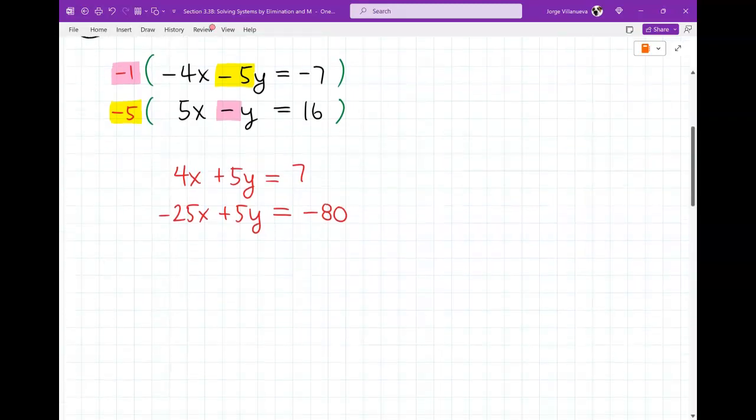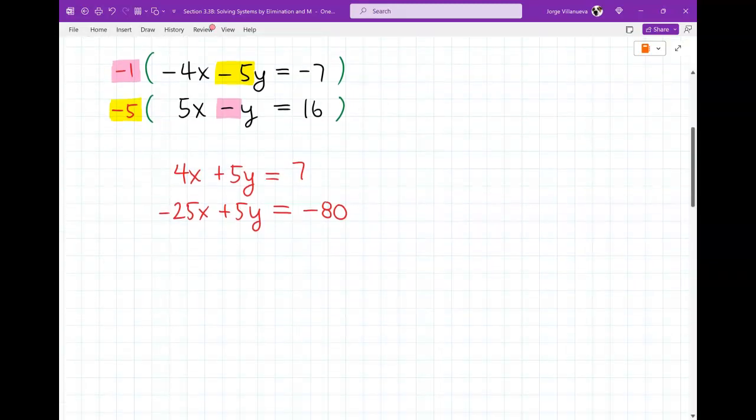So now the question is, do I have matching coefficients for the y value? Yeah, 5 and 5. They match. So how do I get rid of them? If it's 5y and 5y, should I add them or subtract them to get rid of them? I'm going to subtract.